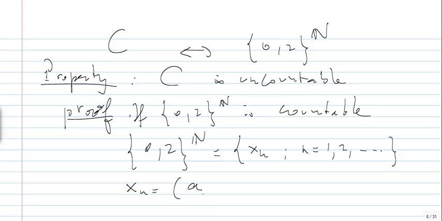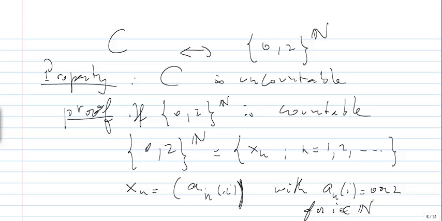So your xn, let's write it as, sorry, we need a good notation. That's going to be a problem. A sub n of i, okay, with a sub n of i equals 0 or 2 for i in n. So it's a sequence of zeros and twos, okay, but it depends on n.